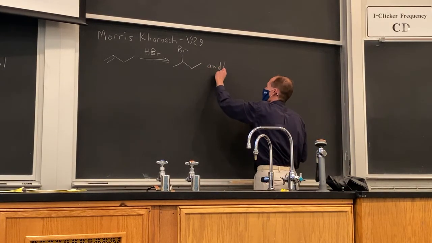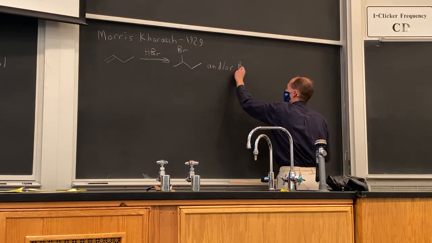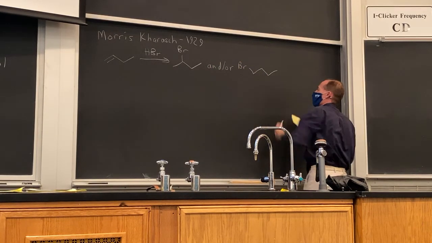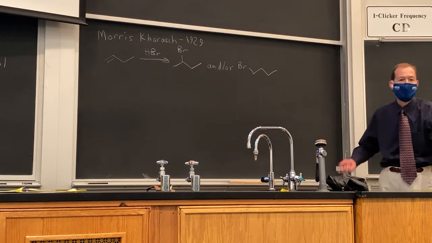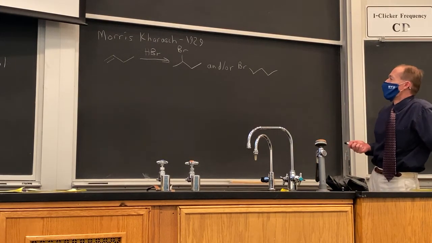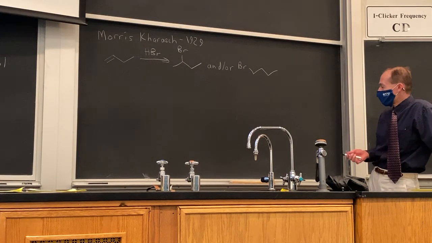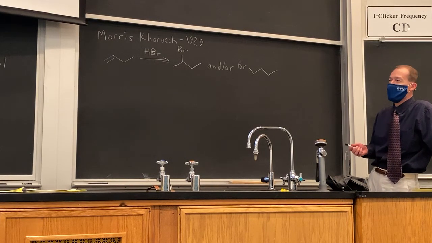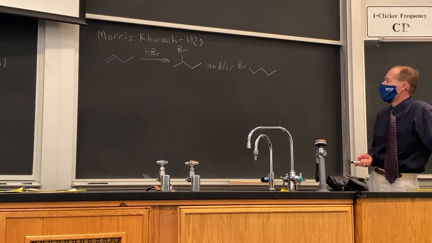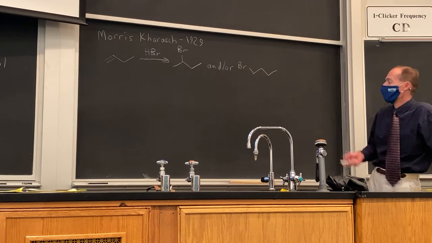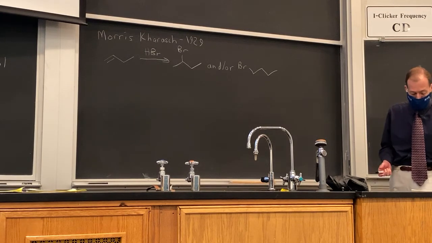Sometimes it would generate the less substituted alkyl halide, and sometimes mixtures. So he was confused. The reaction was not giving reliable and reproducible results. Sometimes it would give 2-bromobutane, sometimes 1-bromobutane, sometimes a mixture.